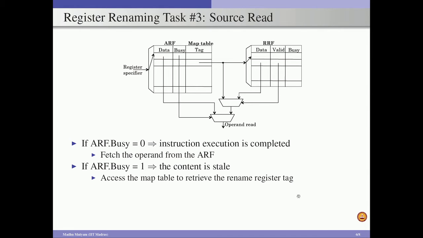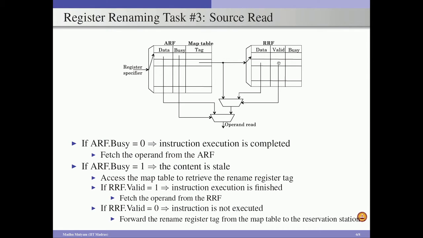And in that, again, if the valid bit of the selected entry is 1, that indicates that the instruction has finished its execution. So, we can supply the data directly from here to the instruction. So, we can fetch the operand from the RRF, but if the valid bit is 0, that indicates that the parent instruction, the producer instruction, has not yet finished its execution, so the consumer instruction has to wait for some time.